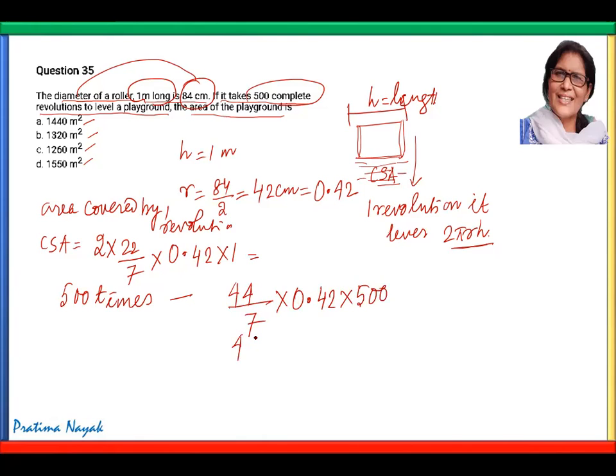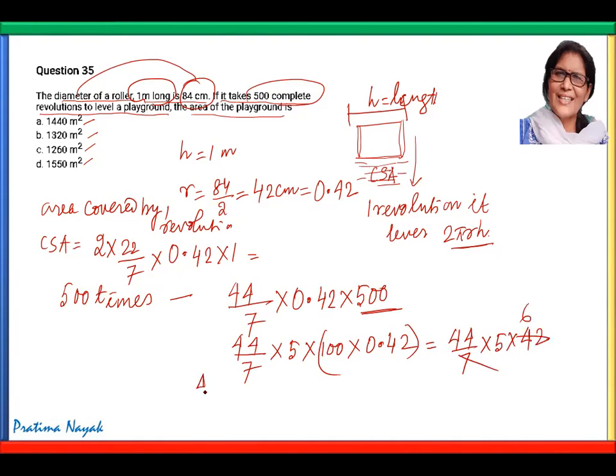So I'll write 44 by 7, and here I am separating this 500 as 5 into 100 into 0.42. Now I am multiplying 0.42 with 100 to make it 42. So 44 by 7 into 5 into 42. Now I will cancel 7 with 42 by 6. So it will be 44 multiplied by 30. I'll multiply 3 with 44. It gives you 132 and one 0 is there, so 1320 meter square. So what is the answer? B is the answer.